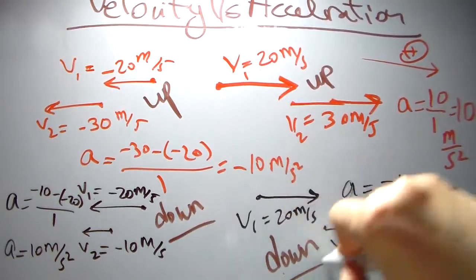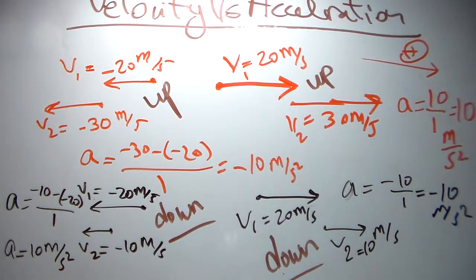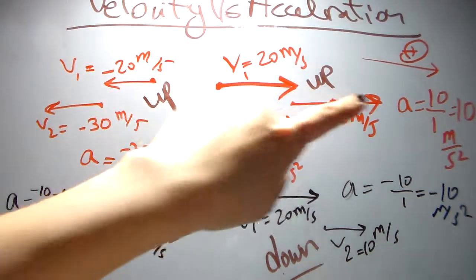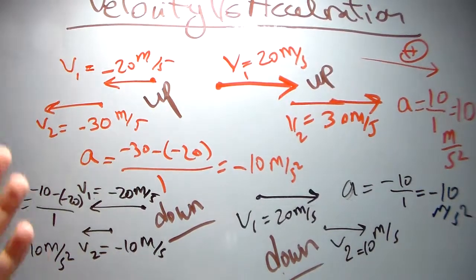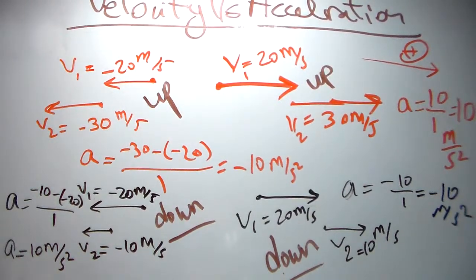All right, now let's look for a trend. If you think about these four scenarios, whenever the signs of velocity and acceleration are the same, I don't care if it's positive or negative, because nature doesn't care about it. Positive and negative is just a convention for us to do some math, regardless of what nature does.